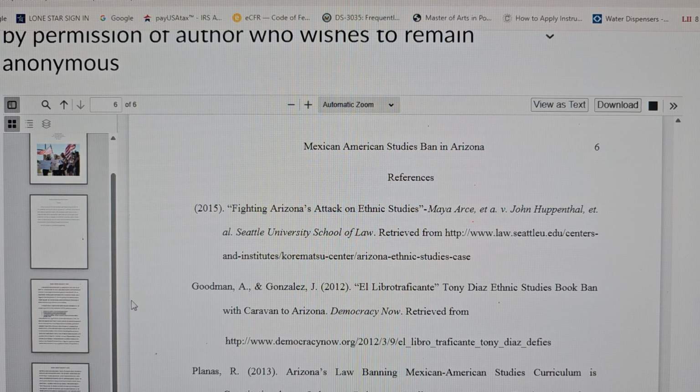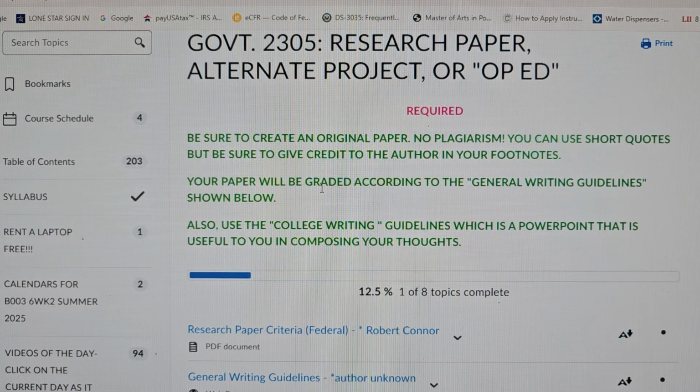So basically, the cover page and the abstract and the references all count as a page. So your paper itself only has to be 3 pages. So it's easy. That's why there's no excuse for not doing one of these things, either the research paper, an alternate project, or an op-ed.